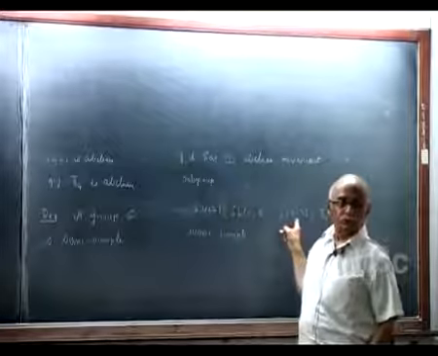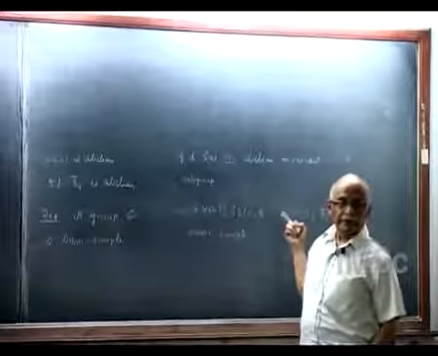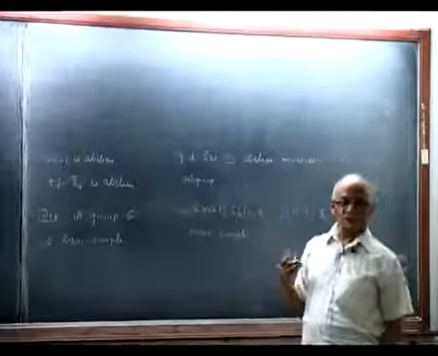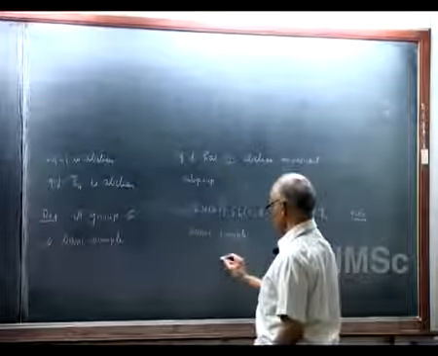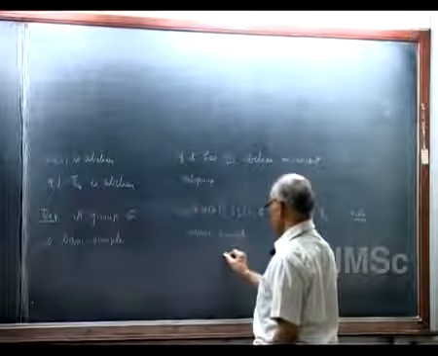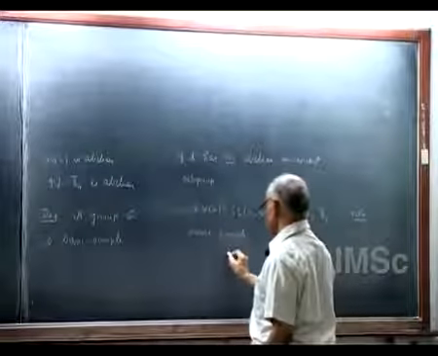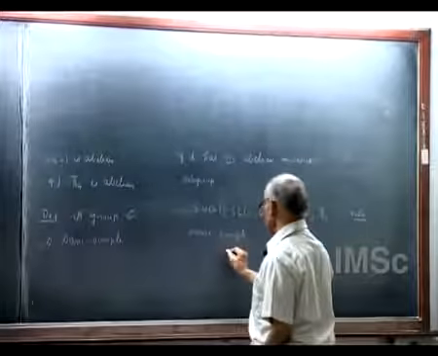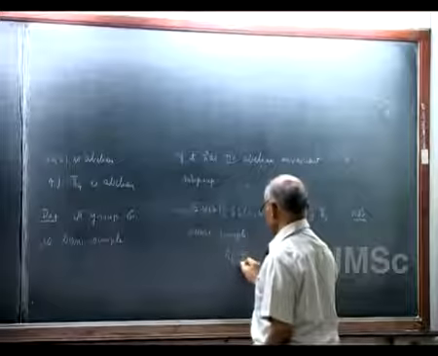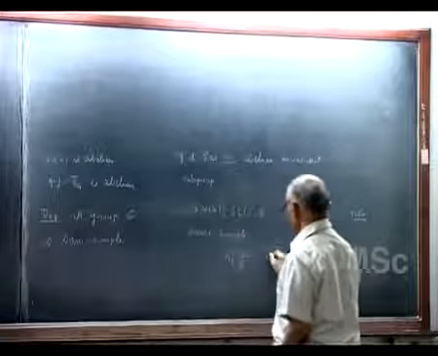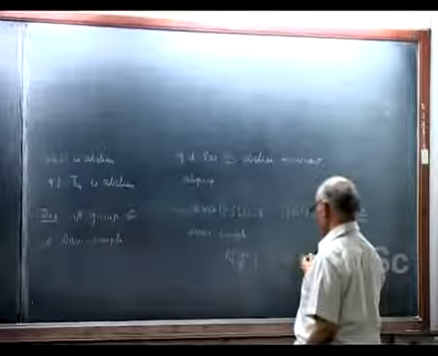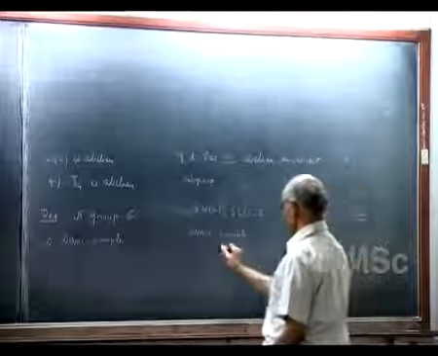In SO2 you take any subgroup consisting of rational rotations. For example, this group here, R of 2 pi n over k, n equal to 0 up to k minus 1.